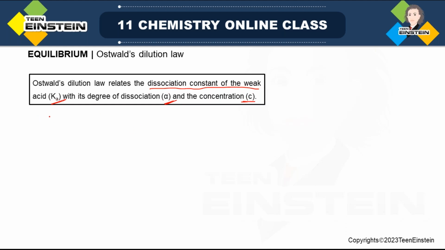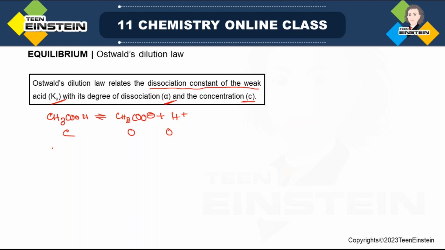So for example, if I am taking the weak acid, acetic acid, CH3COOH, and when it is dissociated to CH3COO minus anion and H plus. So for this, initially if the concentration is for CH3COOH, if it is C, these two are 0, 0, then alpha is the degree of dissociation.